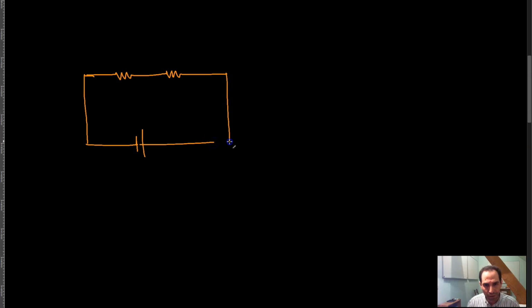So which means that you have essentially two resistors here, and this is connected to a power supply, and this is the ground, and this is R1, for example, and R2.